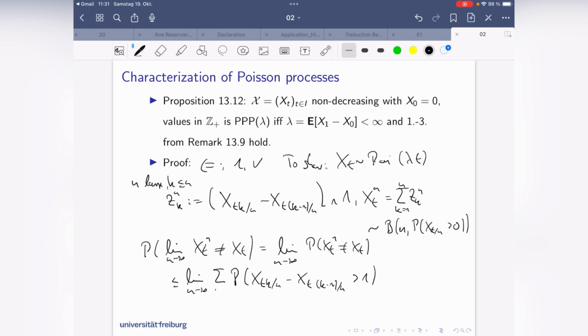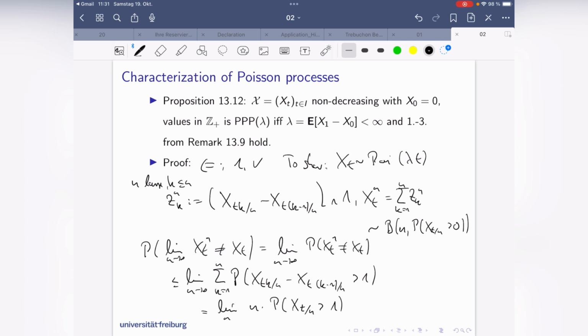And I'm summing here from 1 to n. Because of the identical distribution, that's the same as n times the probability that the increment, which has the same distribution, X_{t/n}, is bigger than 1.